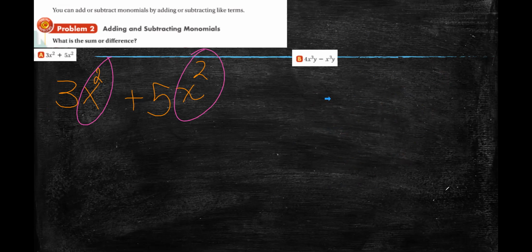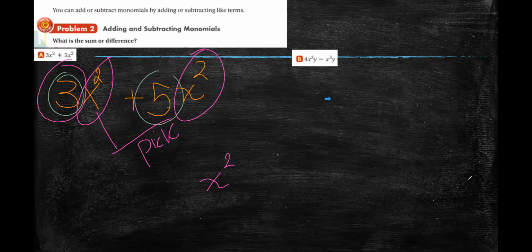Yes. Since they are the same, I will pick one of them. After that, I will go to the coefficients. The coefficient here is 3 and the coefficient here is 5. I will add 3 plus 5, which is 8. So the answer now is 8x squared.